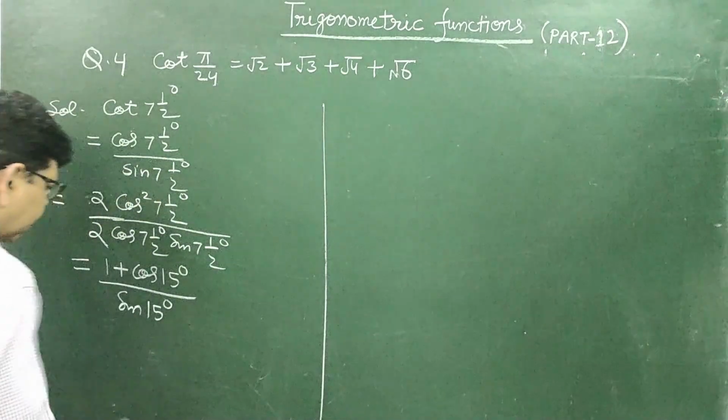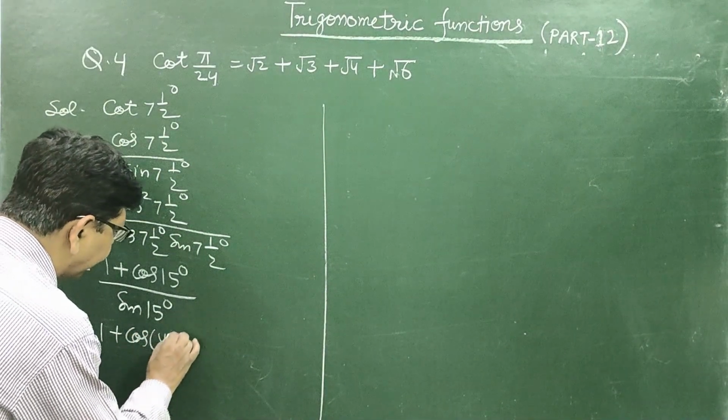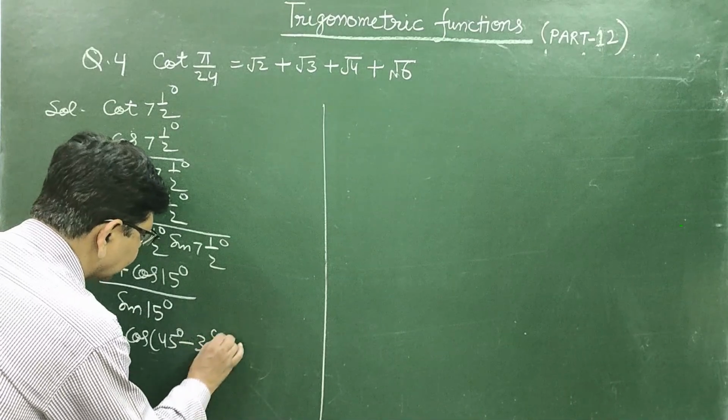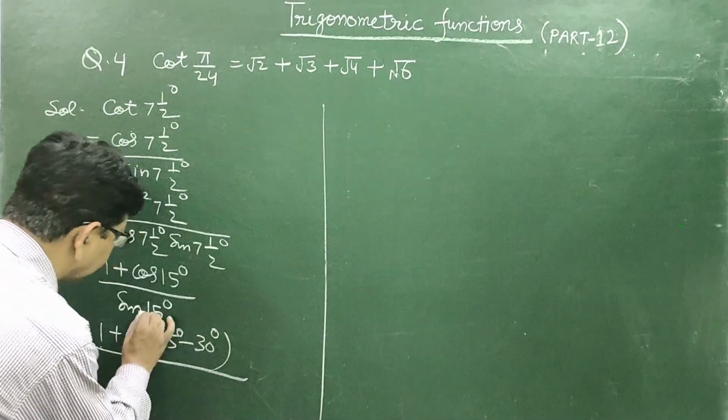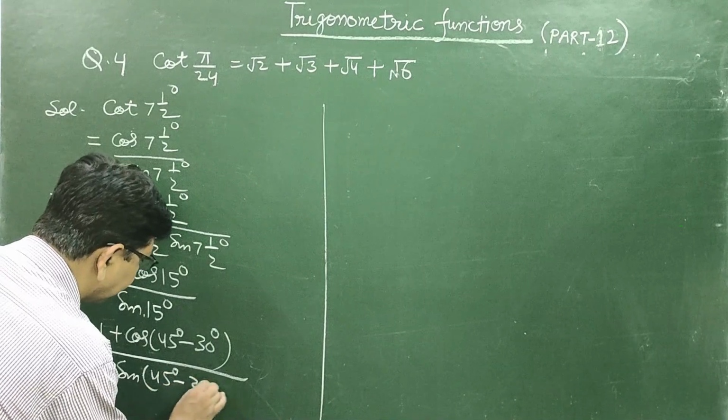Cos 15 can be written as 1 plus cos of (45 degrees minus 30 degrees), and sin 15 degrees is equal to sin of (45 degrees minus 30 degrees).